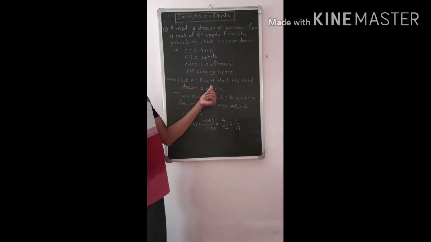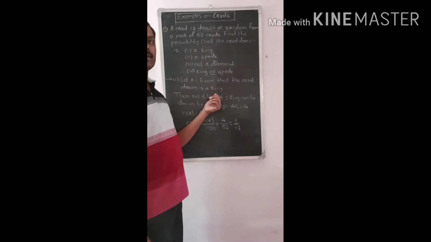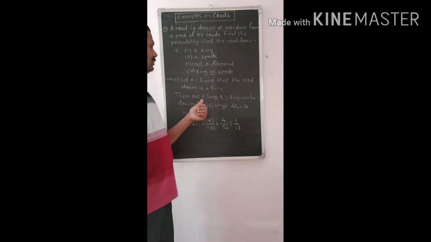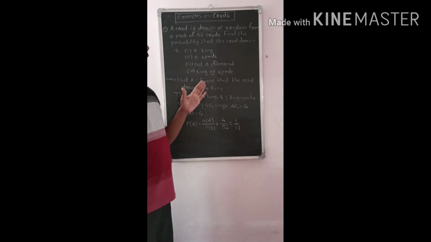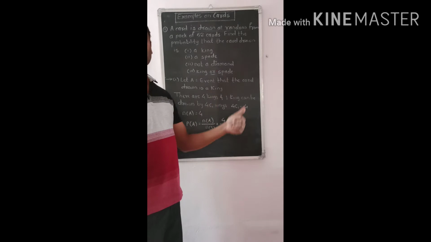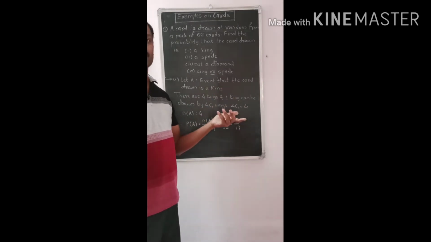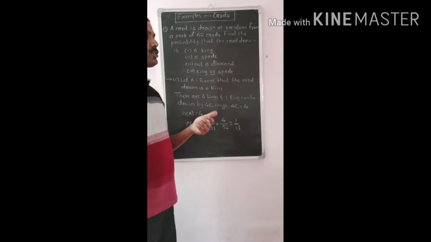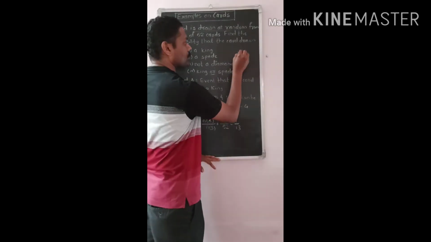Let A be the event that the card drawn is a king. So in a pack of 52 cards there are 4 kings and we have to draw only one card, which means we have to draw only one king out of 4 kings. For these types of examples we just have to find the values of n and r.